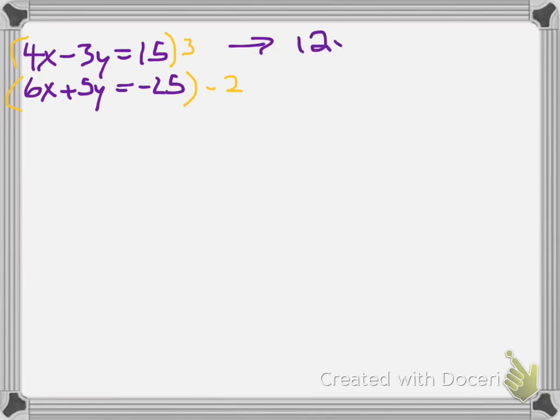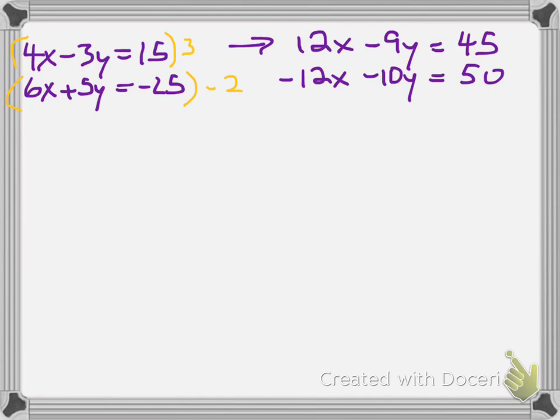12x minus 9y equals 45. And negative 12x minus 10y equals 50. Big numbers. But that's okay. We have opposite coefficients now, so we're ready to eliminate.